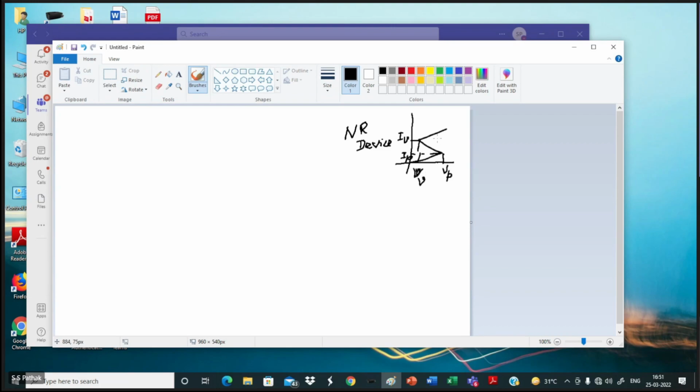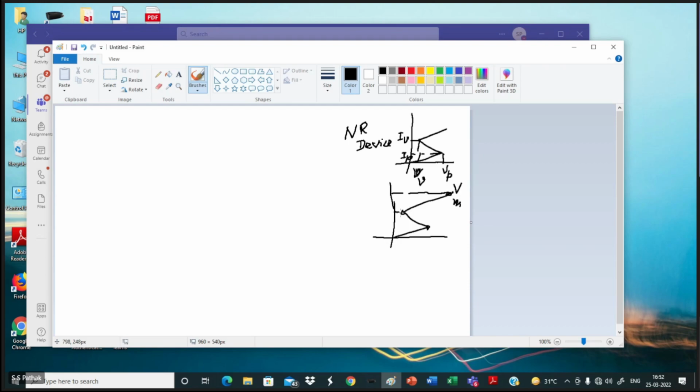Okay, if I'm considering this point, but in some cases it is something like this, and your biasing is somewhere here. So your maximum voltage comes over here, this voltage comes here. So here you can say V maximum.